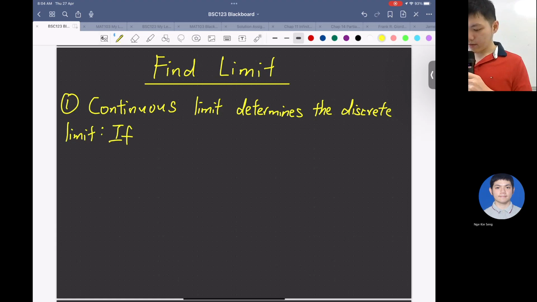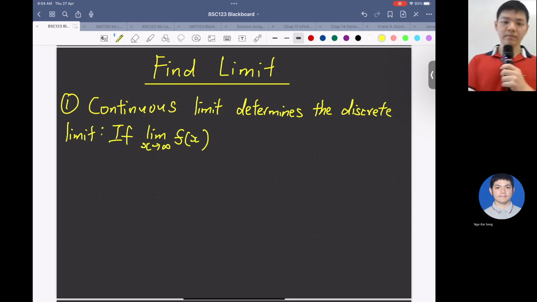So if limit of a continuous function, x goes to infinity, f(x), let me bring up the lecture.